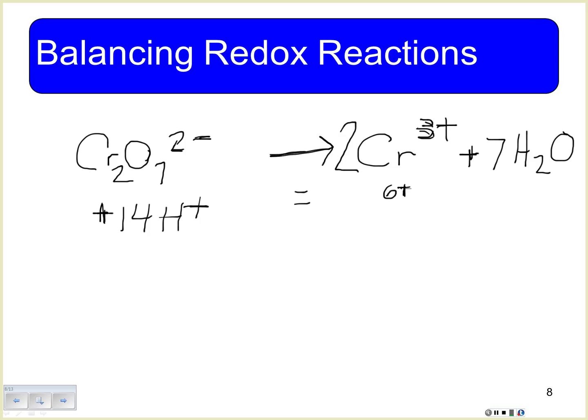What about the left-hand side? 12 plus. Okay, 14, right? Minus 2 is plus 12. All right. So we're going to have to add 6 electrons to the more positive side.